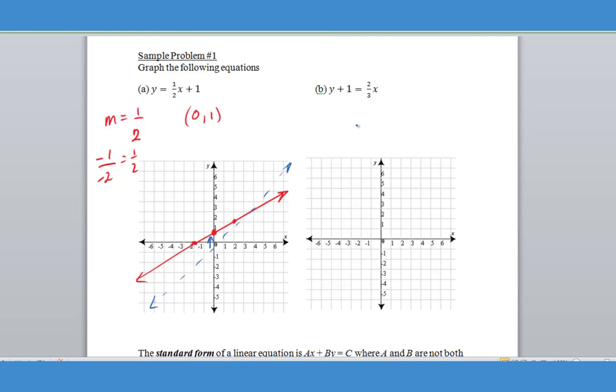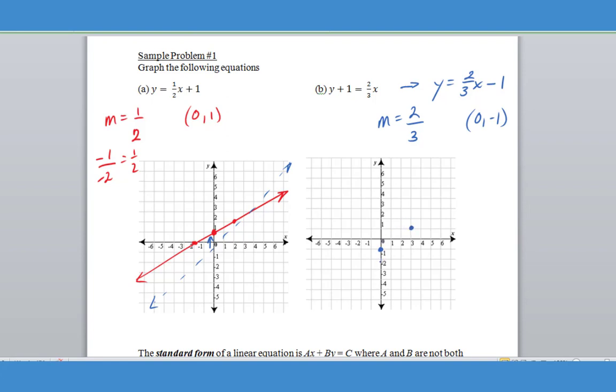The very first thing we have to do is rewrite this equation. Now I have 0, -1 as an intercept. So I'm going to graph 0, -1, and then the slope is 2/3, so that's rise over run: up 2, over 3.